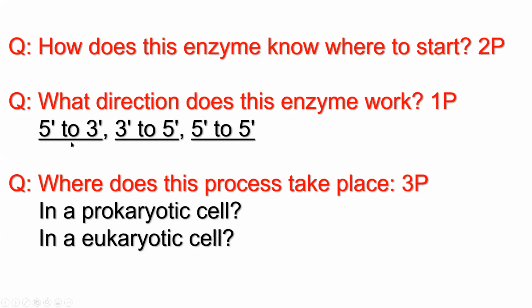This is very important because if I give you a piece of double-stranded DNA in your test, and I ask you to do transcription for me, you need to look for the strand of the DNA which says 3' to 5'. That will be your template.